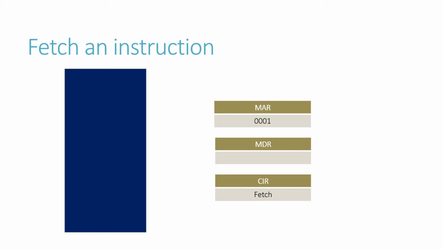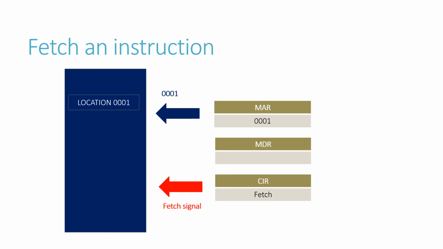So let's look at an example of this in operation. Let's say that the next instruction to be executed is instruction 0001. This address is sent to RAM together with a fetch signal. In location 001, there's an instruction, let's say add 2 to the number that's currently in memory.